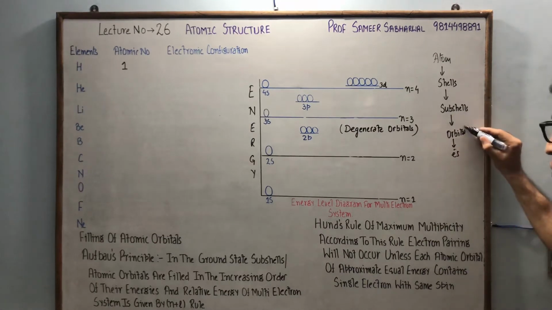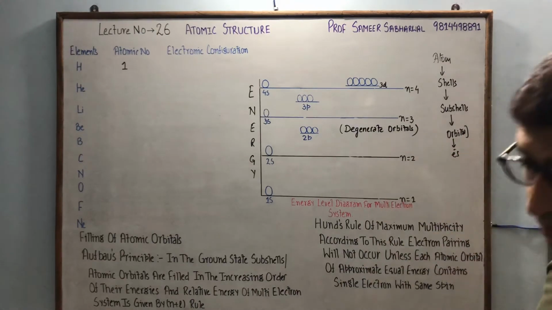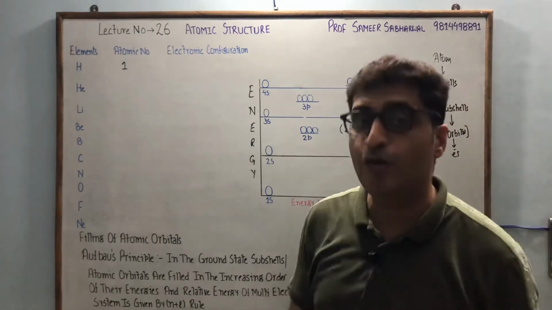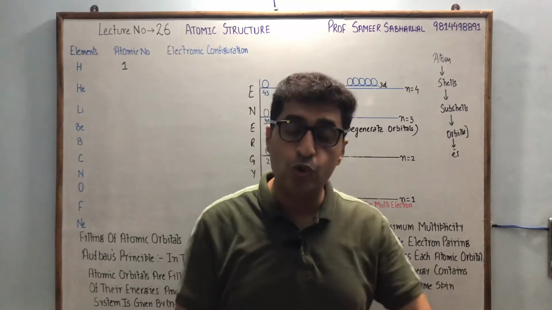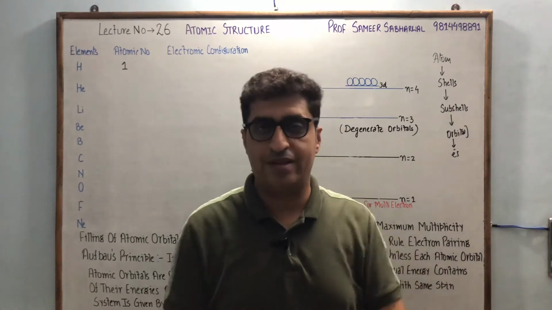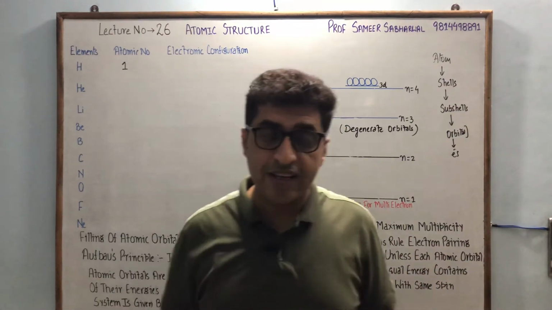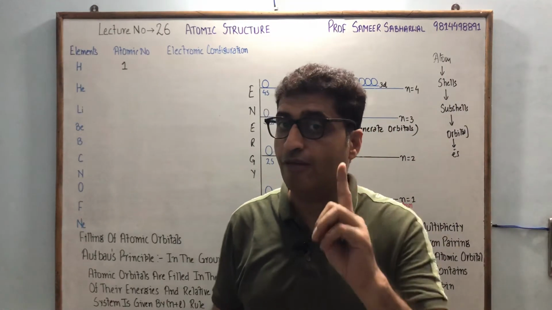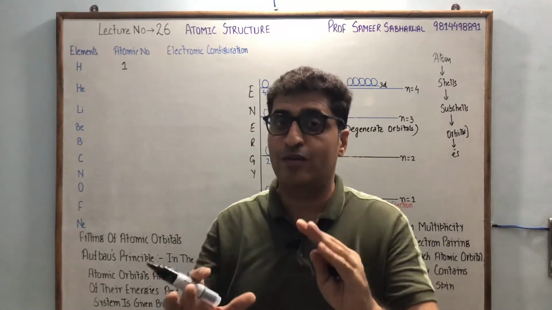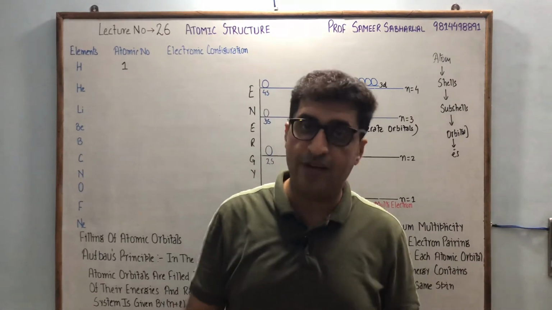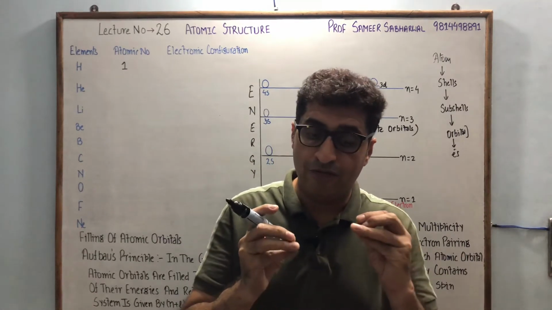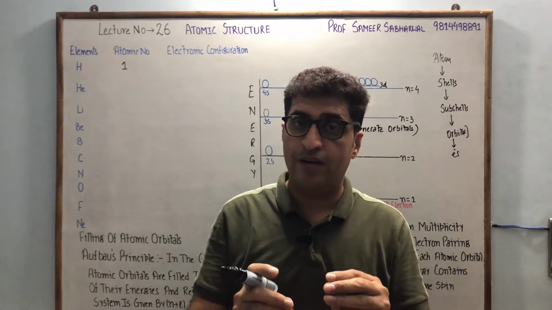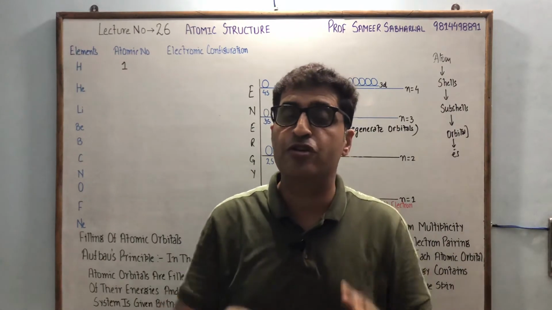So we need to reach up to orbitals, and quantum numbers are used to identify various orbitals. Now if I consider hydrogen, we have only one electron. This is a single electron system, and definitely the first electron will be present in the first main shell.